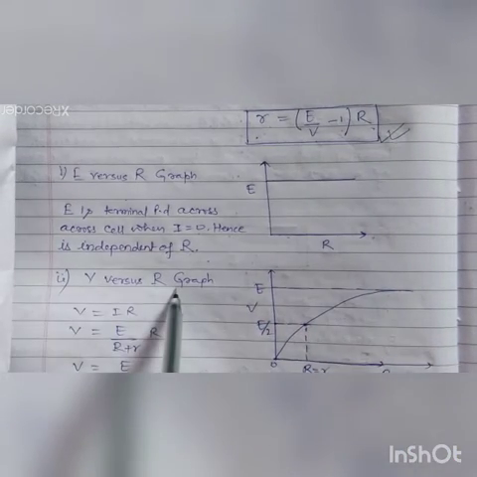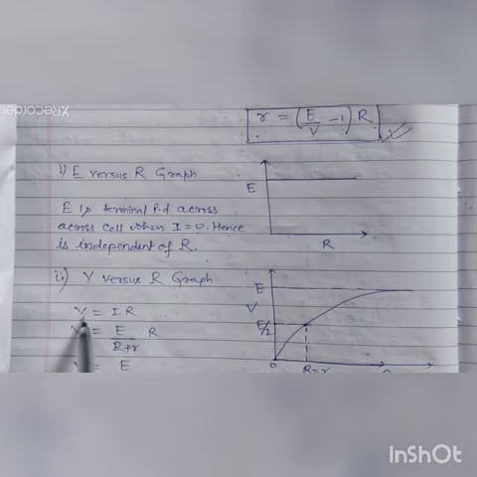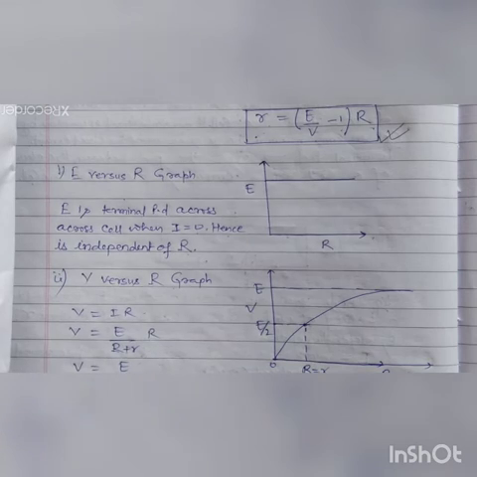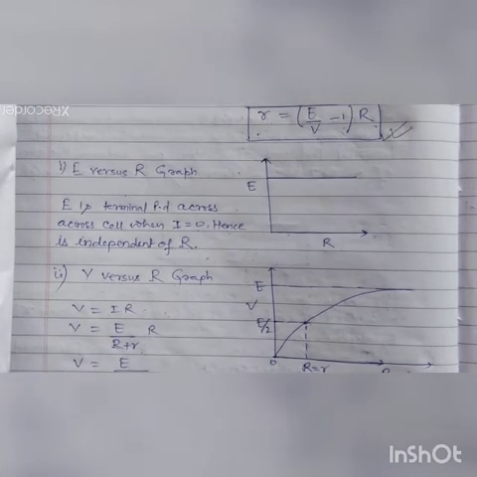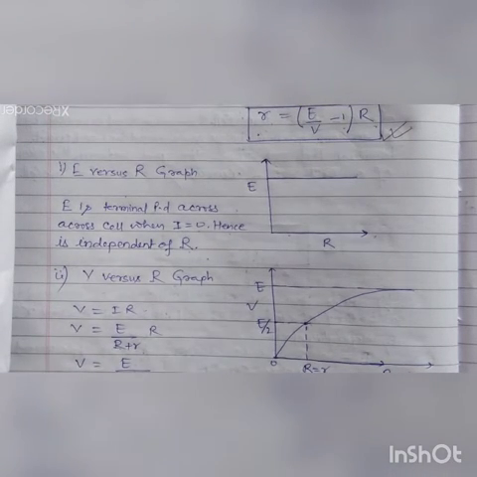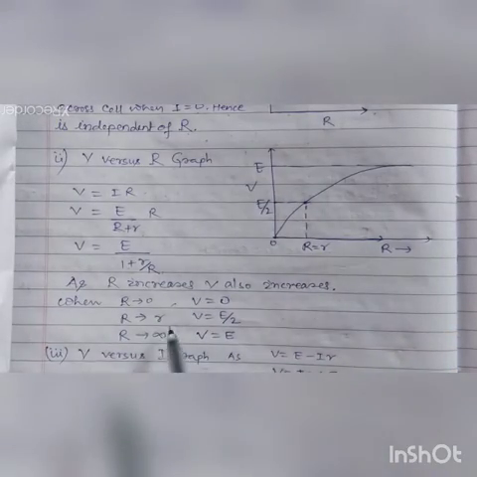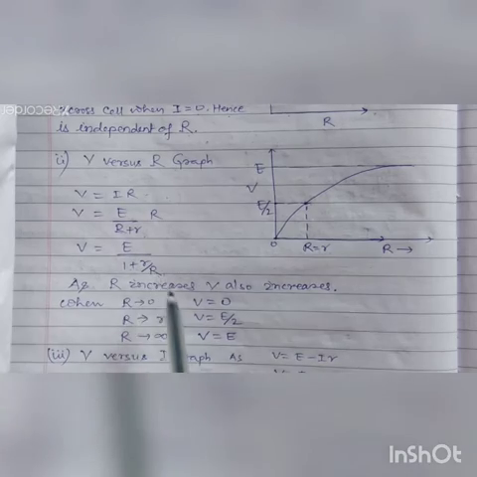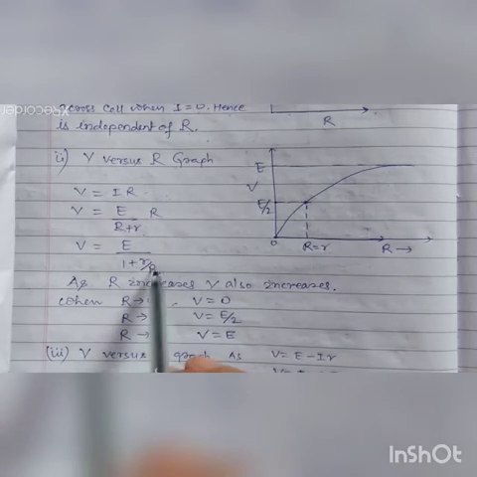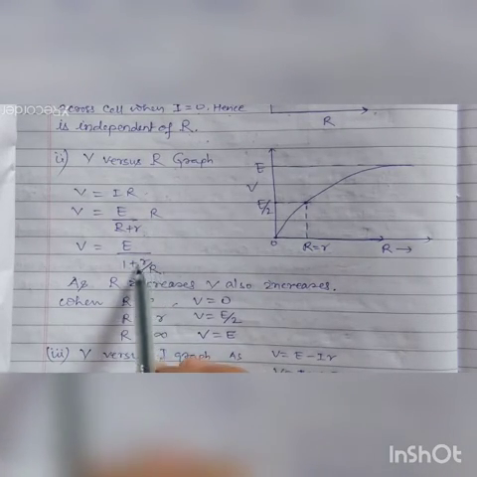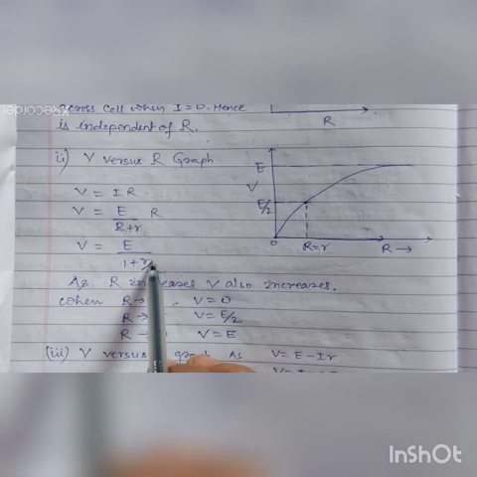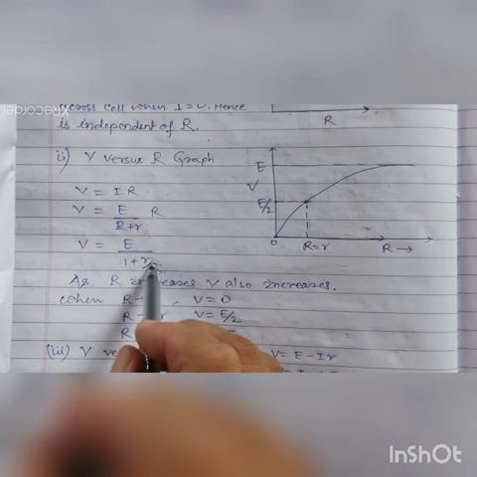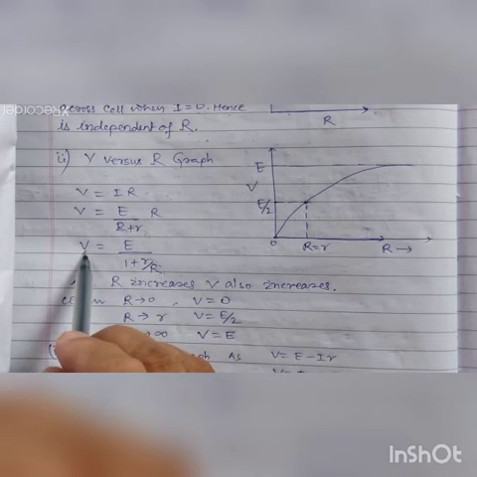V versus R graph: you know that V is equal to I into R. In place of I you can write E by R plus r. So from here we get E by 1 plus r by R. Now as R increases, this whole denominator value will decrease, so V will increase.